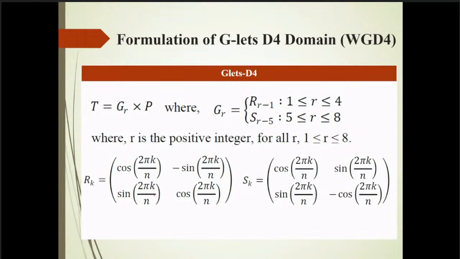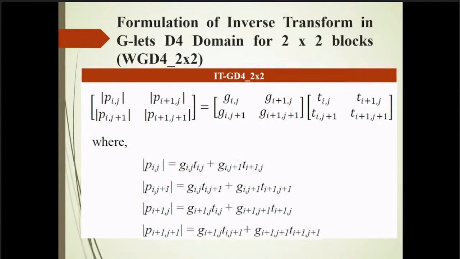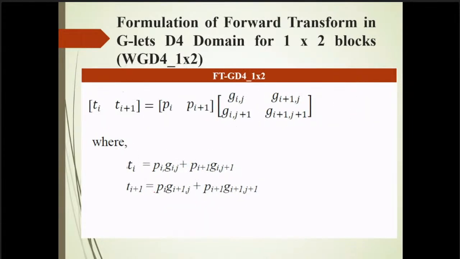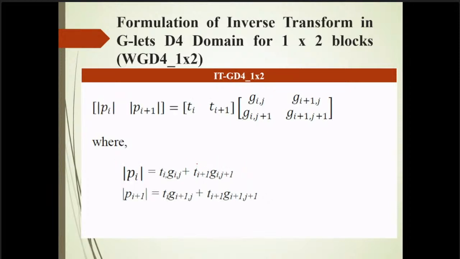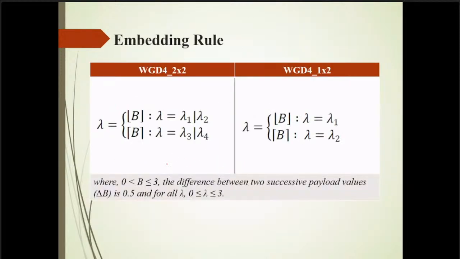So we are considering the reflection and the rotation, and we are combining these reflections and rotation together to generate the transform coefficient. And again, during the reverse or inverse computations, we are using the same concept to compute these things, and these are the equations. And this is your 1 cross 2 forward computation, and this is the 1 cross 2 inverse computation.